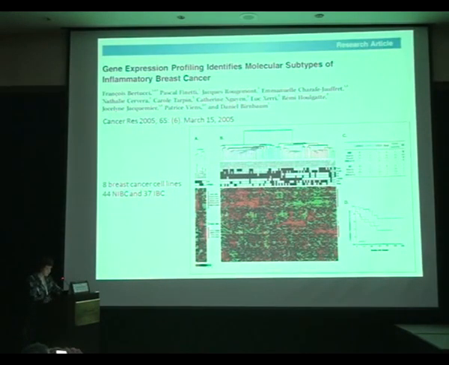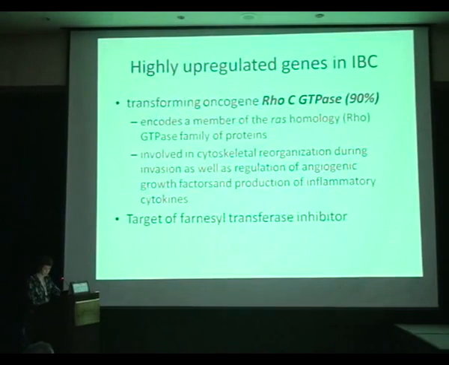This group in Marseille has also worked a lot on inflammatory breast cancer, and they looked at gene expression. They found some genes that are highly upregulated in inflammatory breast cancer, such as RhoC GTPase, which is a member of the Ras homology GTPase family.